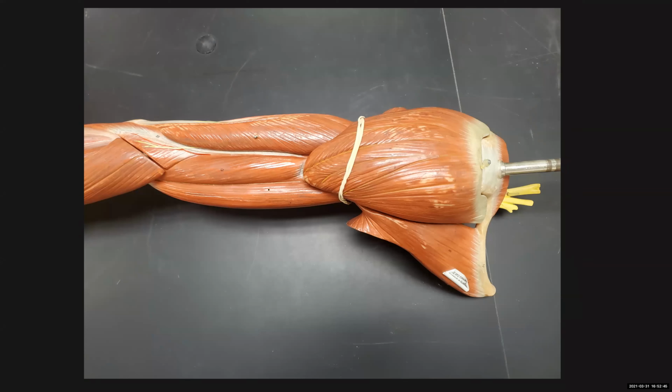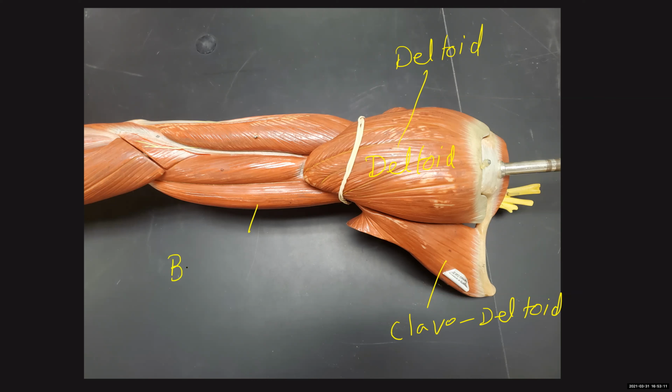So this is the same model. It's rotated so that you can see the lateral view. Deltoid, this is again, you can see clearly the clavodeltoid. It's still part of deltoid. So right there, biceps brachii.